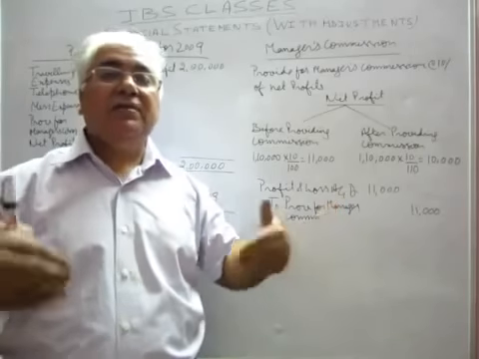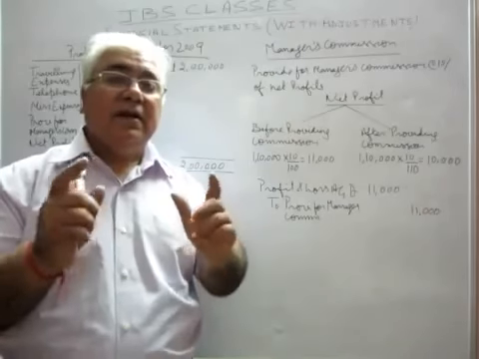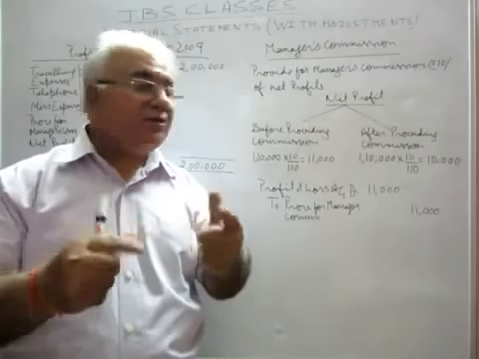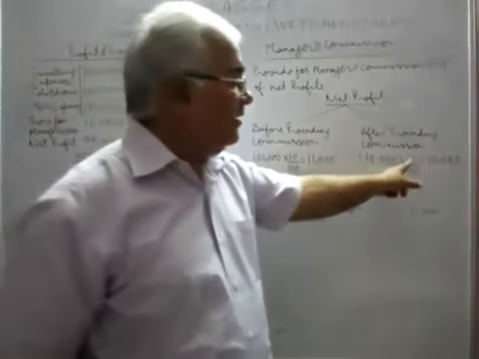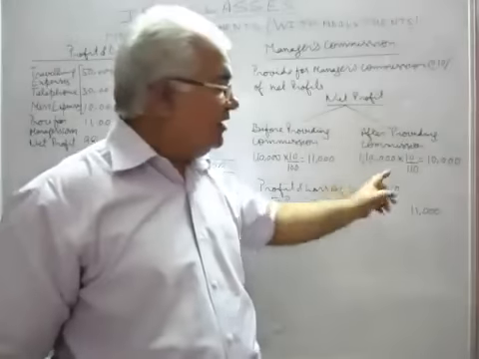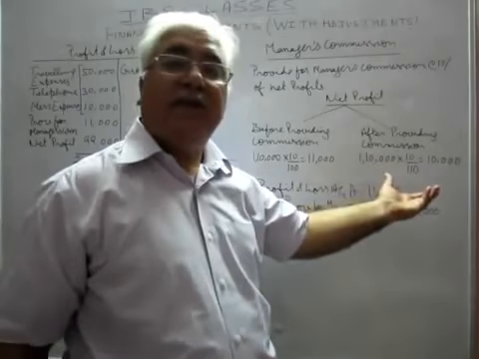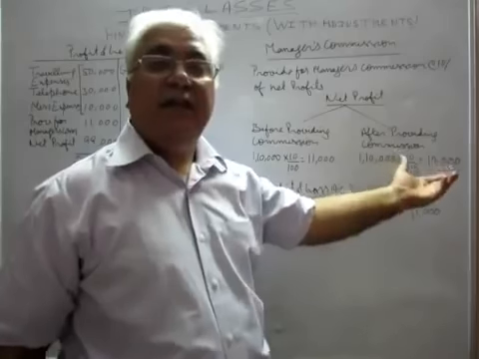So for calculating the manager's commission, we must multiply the profit before providing for manager's commission with 10 upon 110. 10 is the rate of commission, and 110 means that we have to divide this into two parts, 10 and 100.